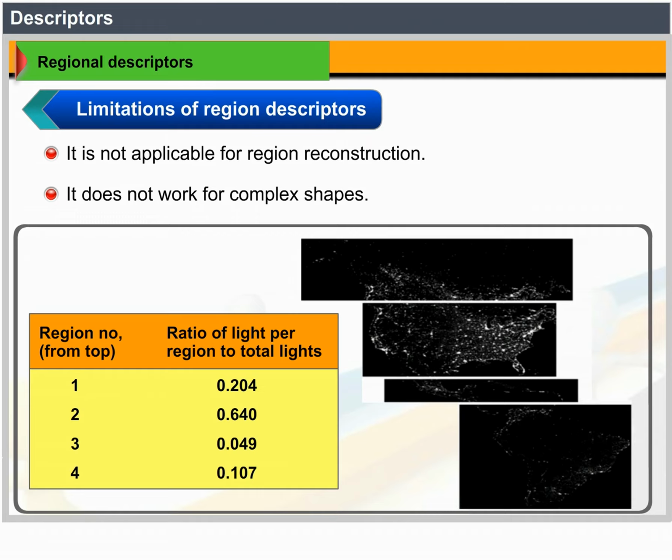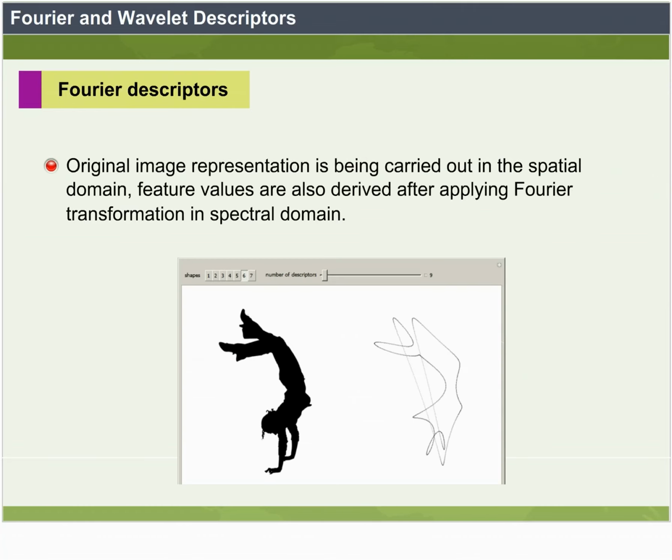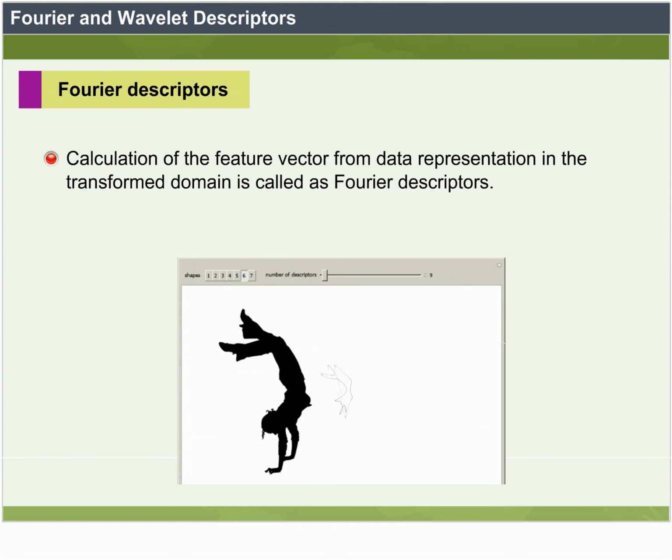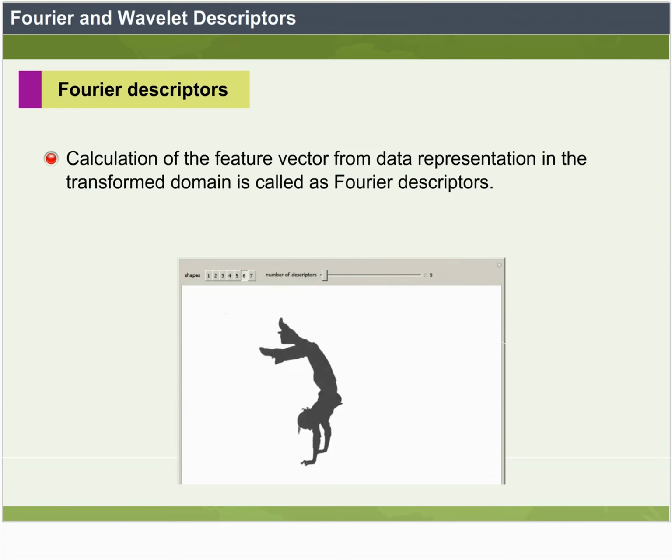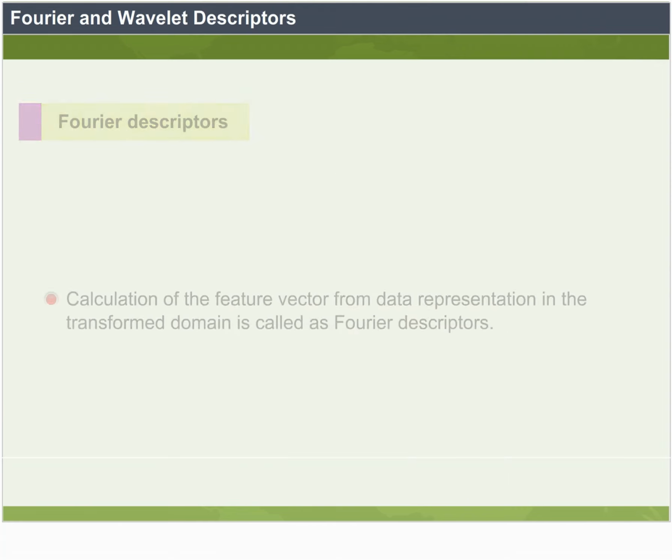Fourier and wavelet descriptors. Fourier descriptors. Original image representation in the spatial domain and feature values derived by applying Fourier transformation. The feature vector calculated from data representation in the transformed domain is called Fourier descriptors. Definition.